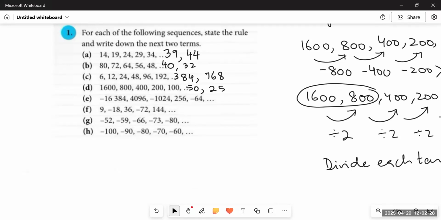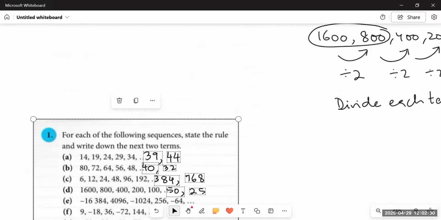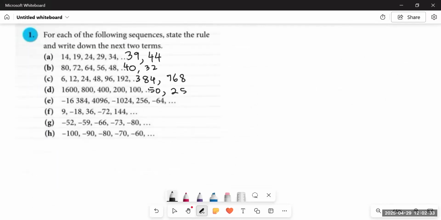Now comes the negative numbers. Don't worry. Just look at whether the numbers are increasing or decreasing. Let's ignore the plus and minus signs for a moment and see what is happening. Let's start with addition. Can we add something to 16,384 to get 4096?